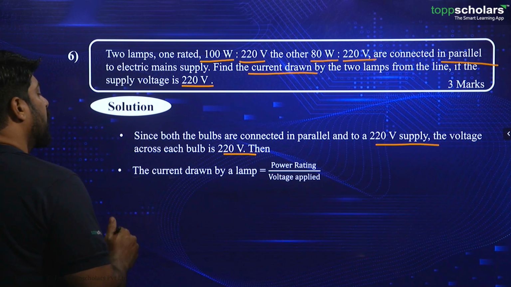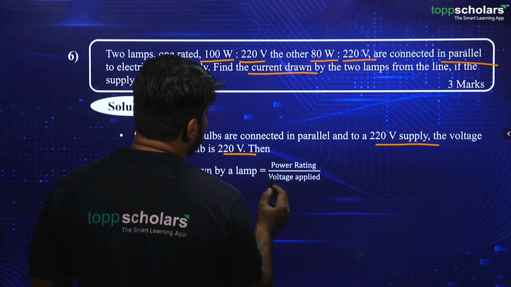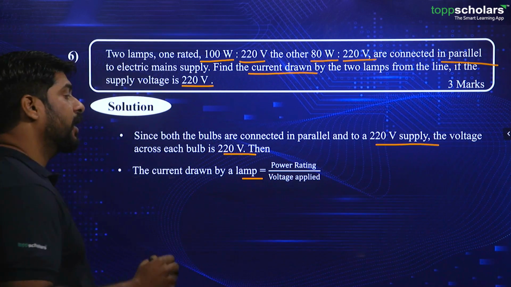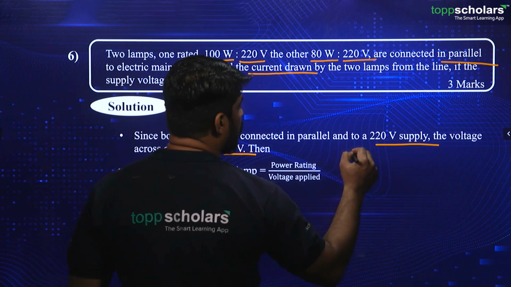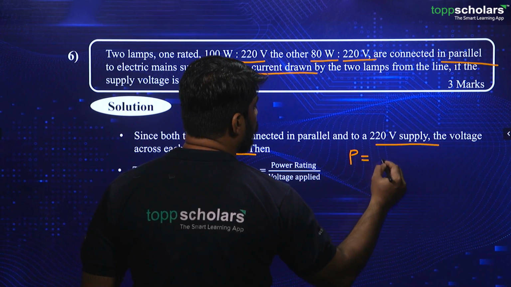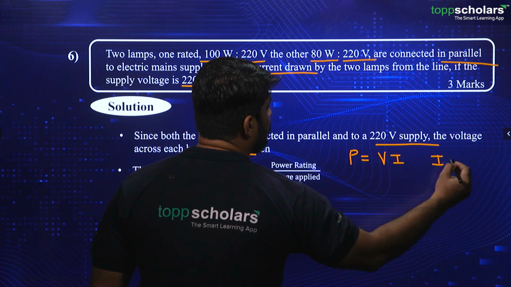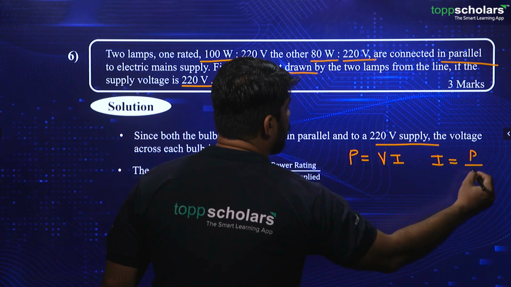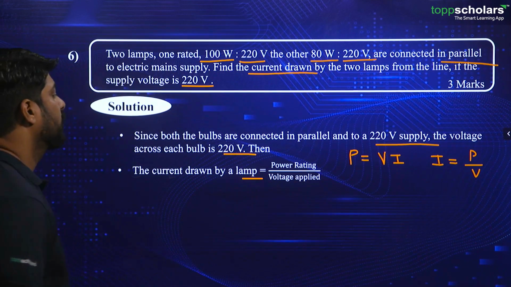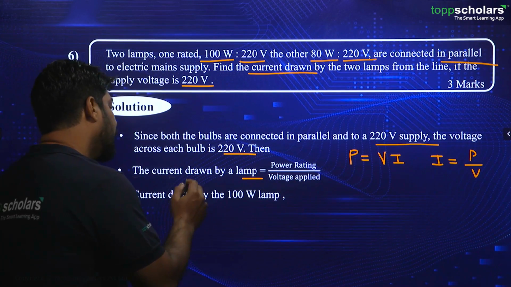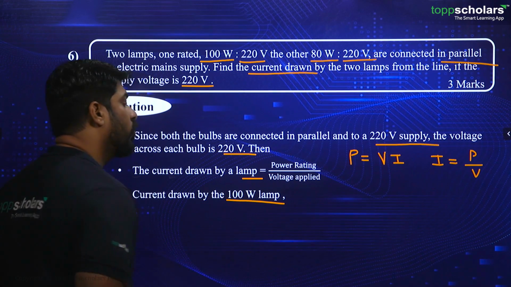Next, the current drawn by a lamp is equal to power rating divided by voltage, because we know power is equal to V into I, right? So therefore I is equal to P upon V. Okay, so this is the formula. Now, let's first calculate the current drawn by the 100 watt lamp.